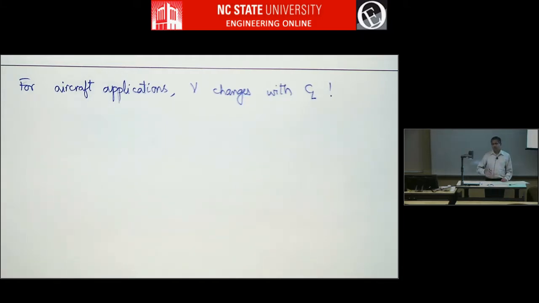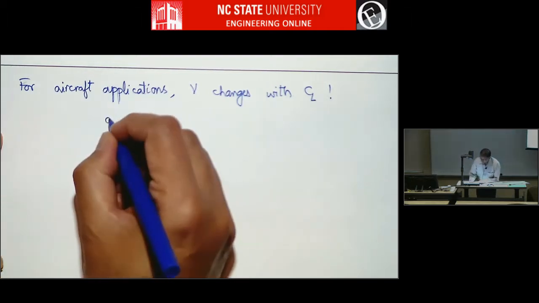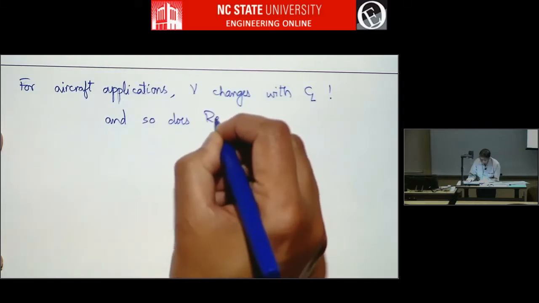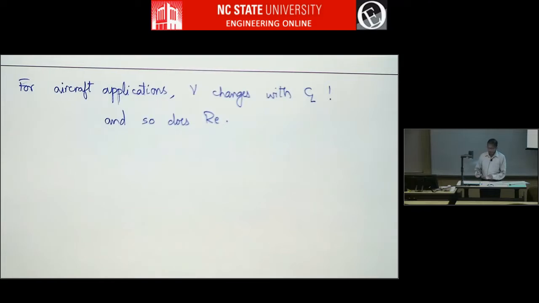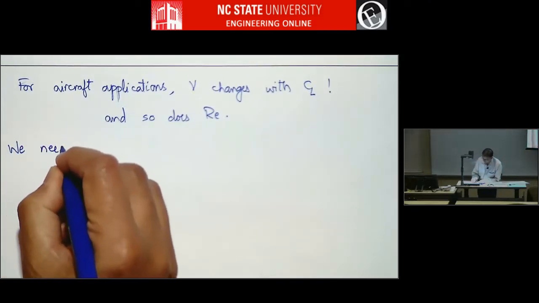So there's no point in calculating drag coefficient at one Reynolds number, because that will be correct only for one velocity. So velocity changes with CL, and so does Reynolds number. That means we need some way by which we can account for this.